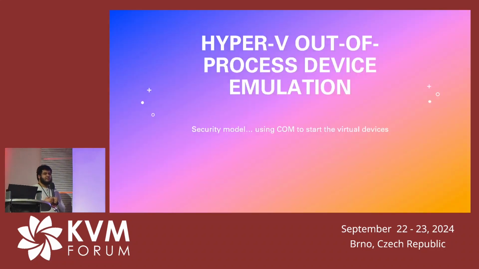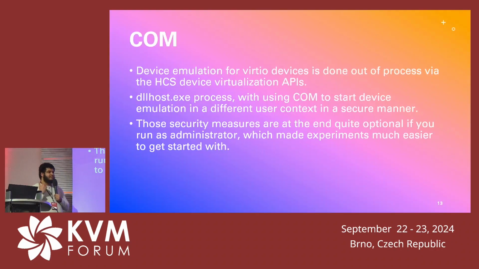Now let's talk about Hyper-V out-of-process device emulation. For this option, Qemu is used to start the device emulation process across a different security boundary. But you don't have to implement all that stack.